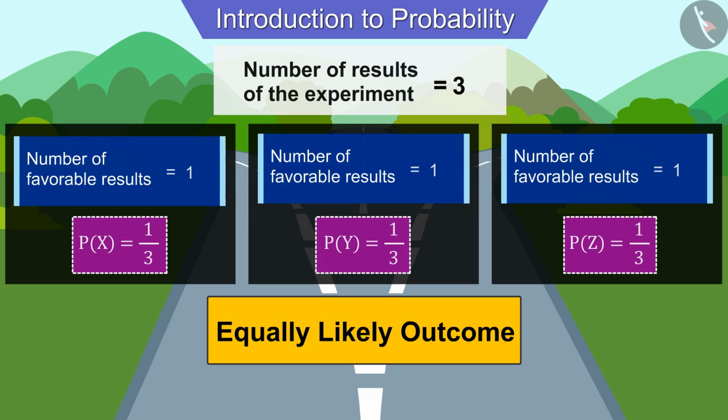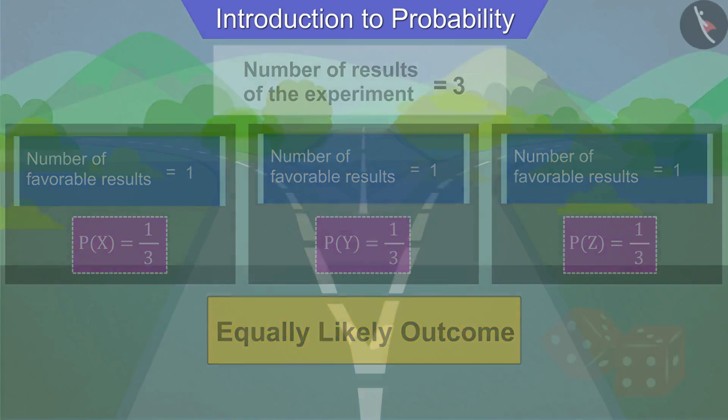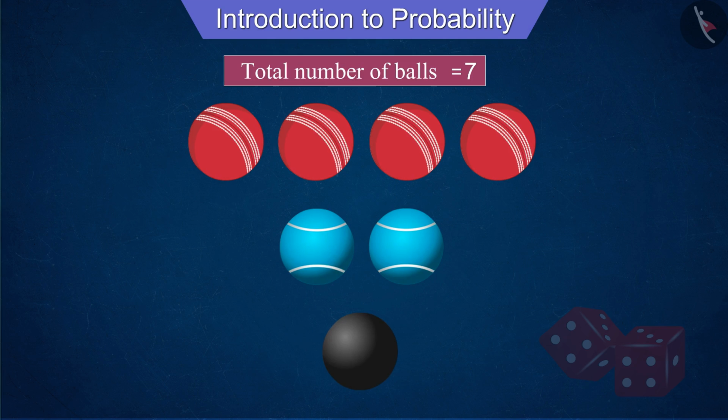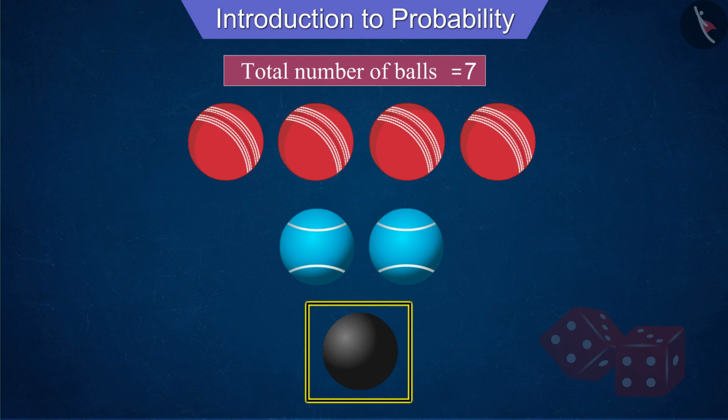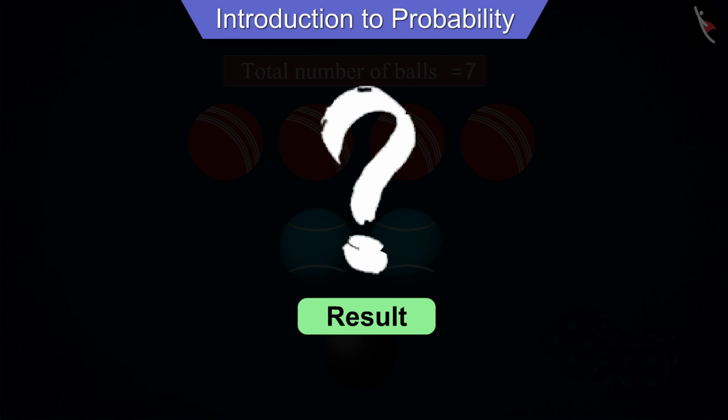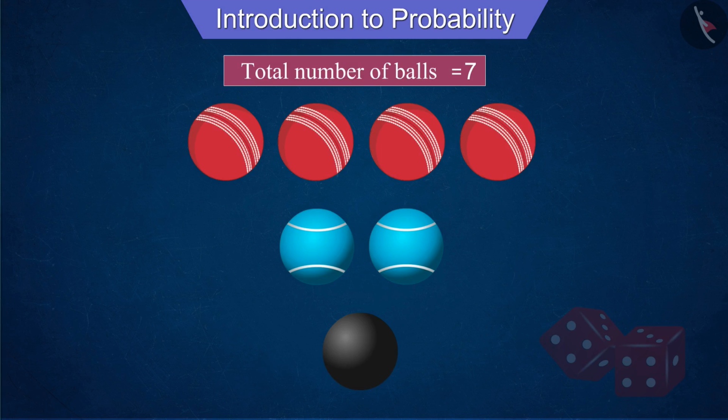Can you think of a situation in which the result is not equally likely? No? Never mind. Let's think together. Suppose Joseph has 7 balls in this bag, including 4 red, 2 blue, and 1 black ball. If Joseph had to take out a ball without looking inside the bag, can you tell us what the results will be? Will the results be equally likely for all 3 colors?